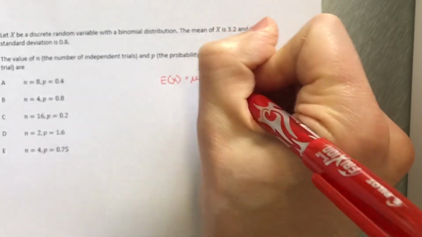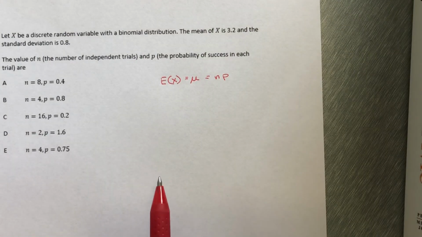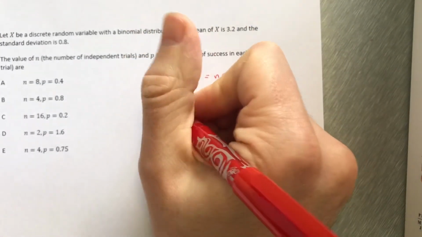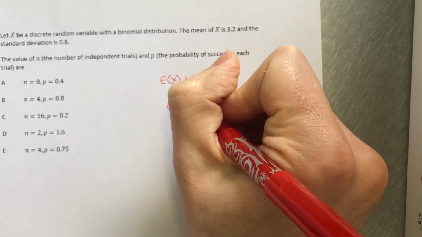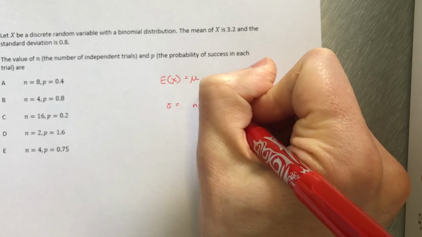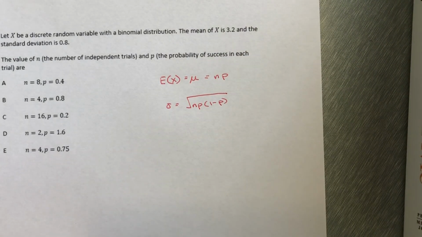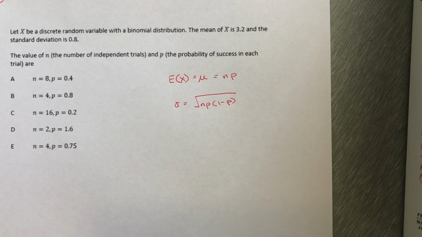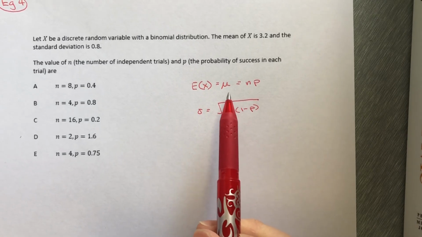To find that for binomial, it's just n times p. Now for the standard deviation, that's going to be the square root of np times (1 minus p). And remember, standard deviation is the square root of variance.